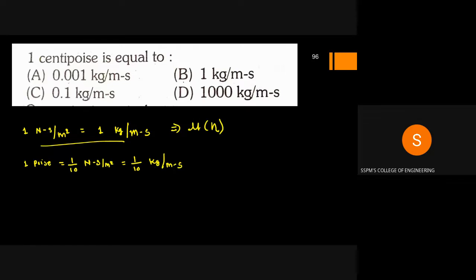The question given is 1 centipoise. 1 poise is equal to 100 centipoise.